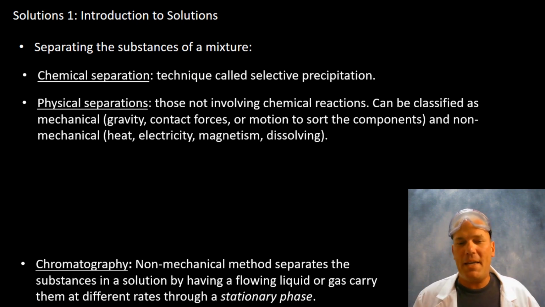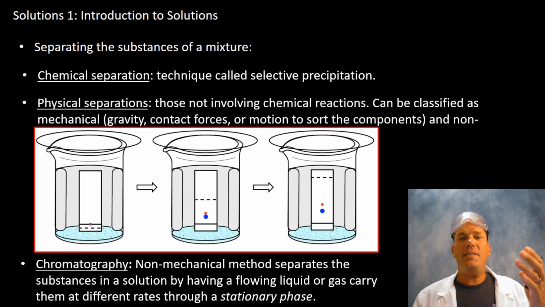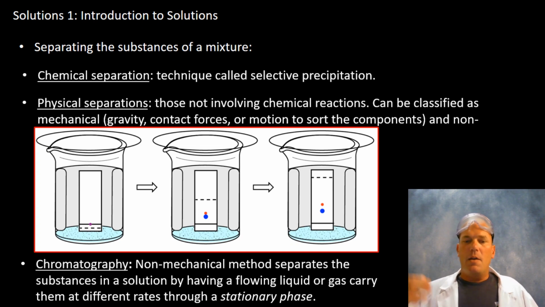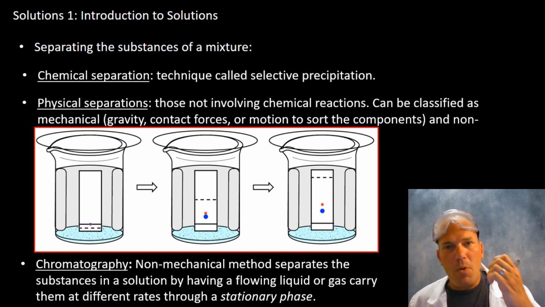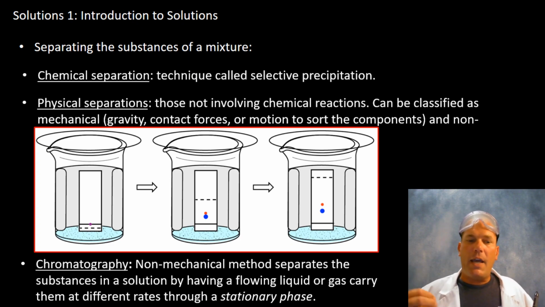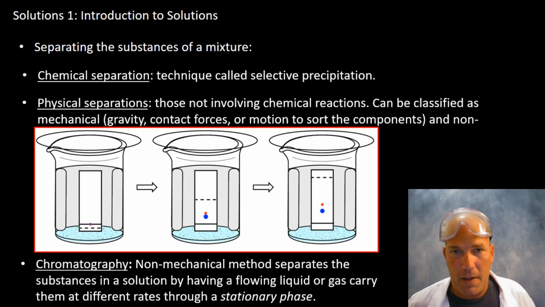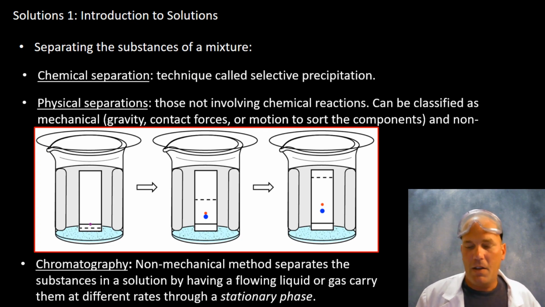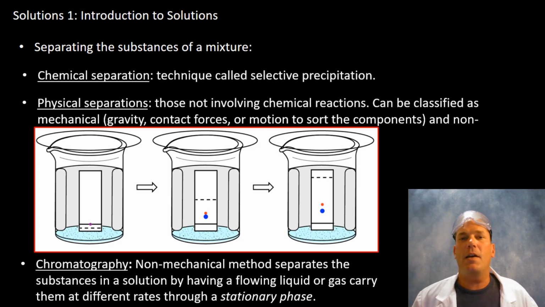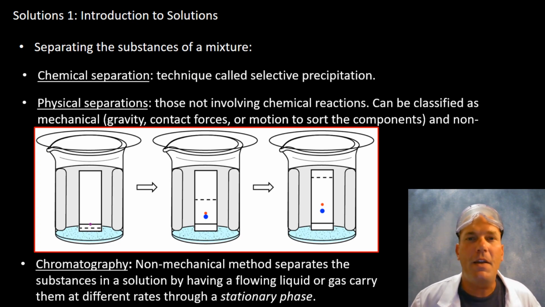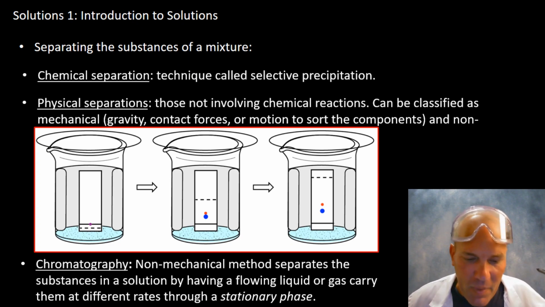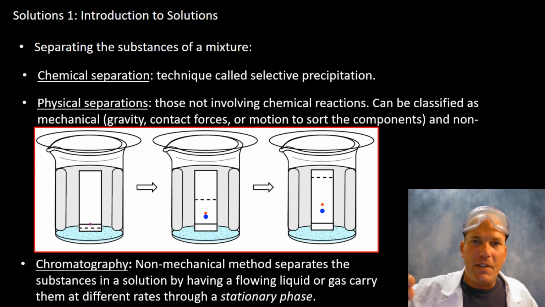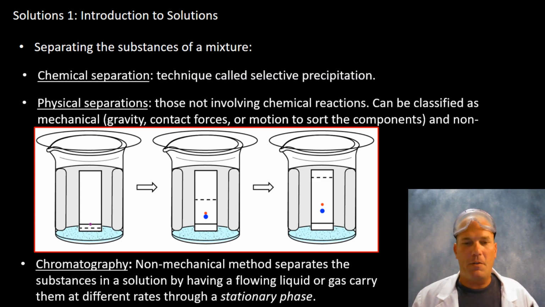But this is a mechanical method, and it's basically separating out the substances in a solution by using a mobile phase, such as a liquid or gas, and a stationary phase, okay, such as a silica gel or even a paper stationary phase. All right, and so you're able to separate substances out using chromatography. And when we get to talking about bonding, we're going to revisit this idea on a whole new level.